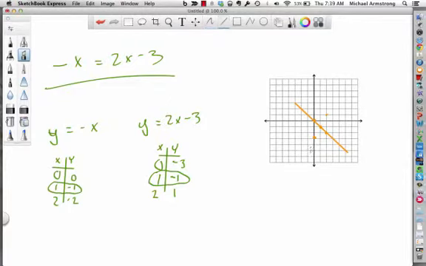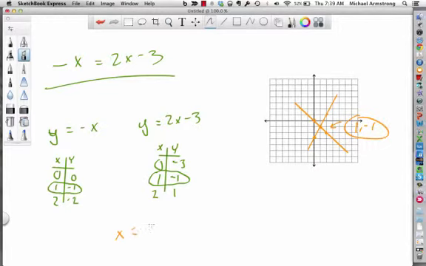And these cross, right, like that, and they cross at this point. And this point right here is (1, negative 1), and that's our solution.